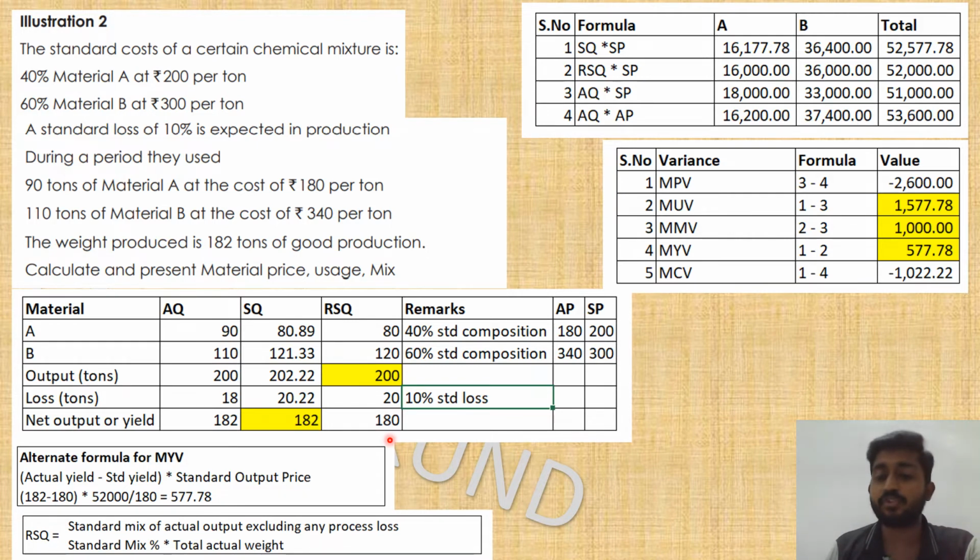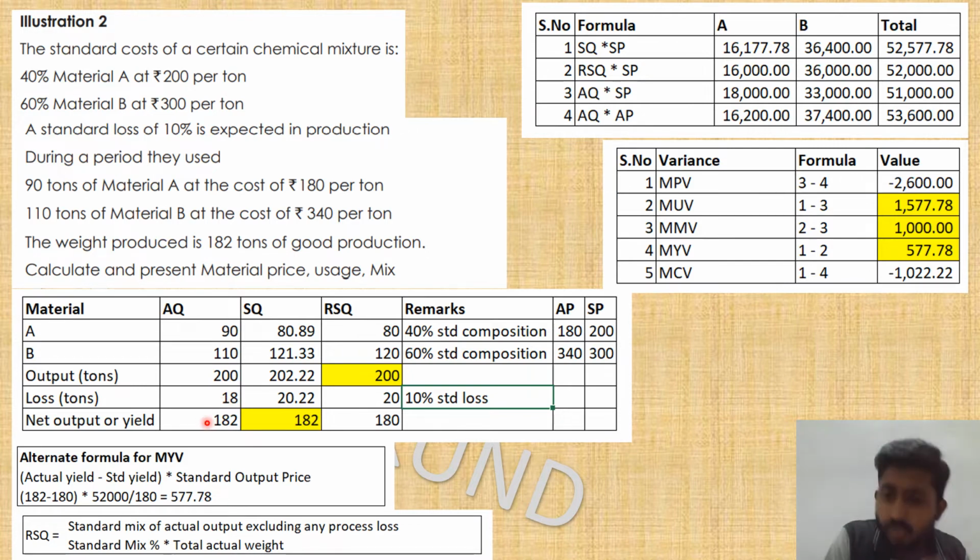Now the next step is to find the standard quantity. What is standard quantity? Standard quantity is nothing but the standard mixture of A and B for the net output of actual quantity produced. So I am fixing this 182 actual quantity.